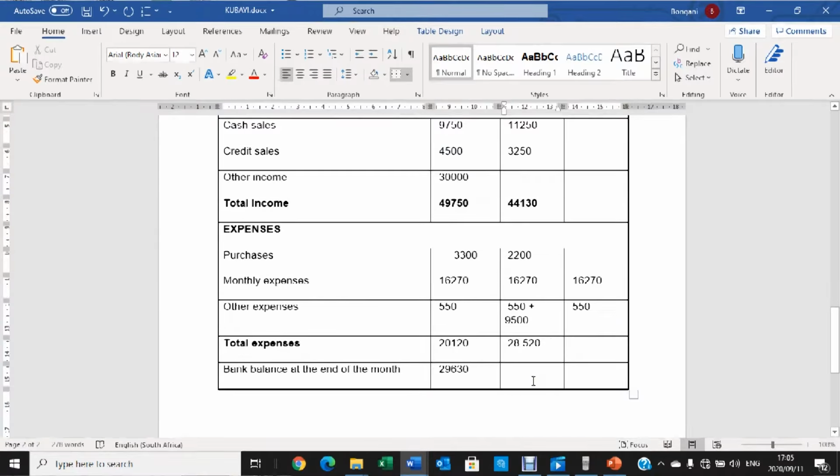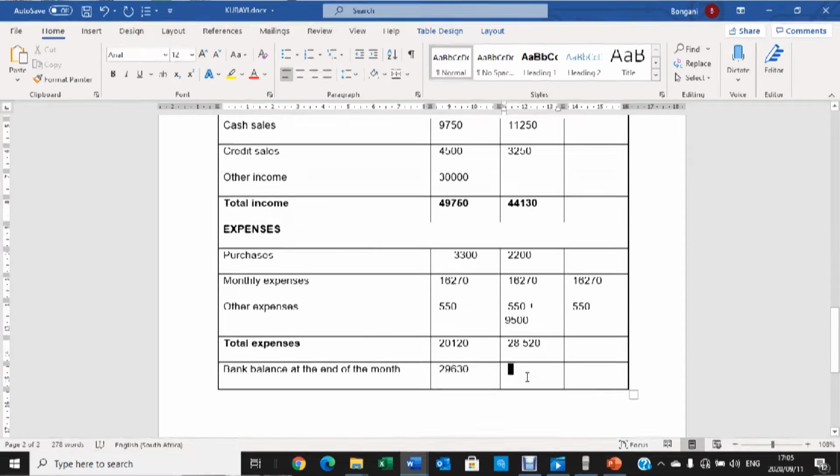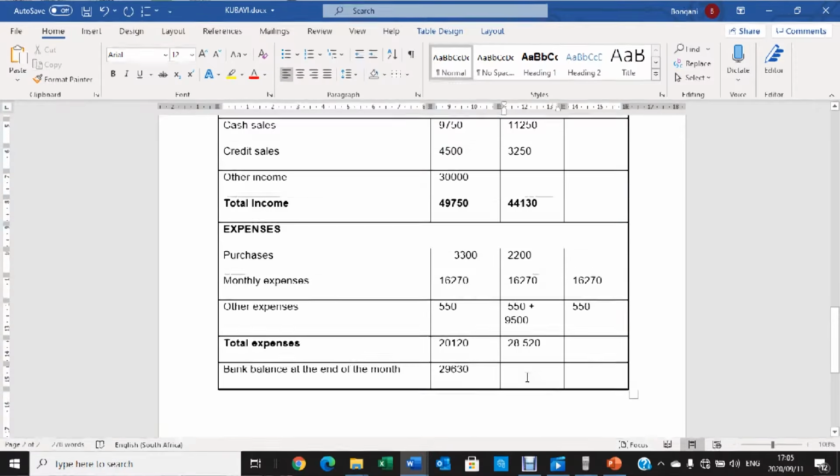How do we calculate the balance at the end of the month? We do the same as it was in the month of April. We take the total income for May, which is 44,130, and subtract the total expenses, which is 28,520. And the balance at the end of the month of May is going to give us 15,610.